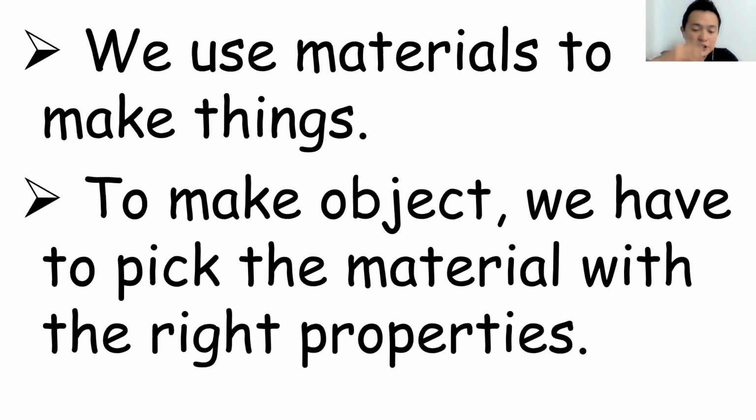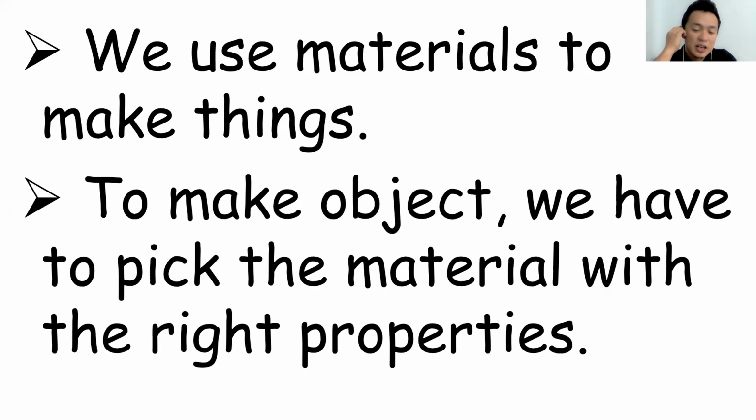Like for example, for making cars. What are the materials that you have to consider? You have to consider the hard materials, like for example, metal, plastic, glass, and rubber. So those are the materials that you have to use in order for you to create a car.